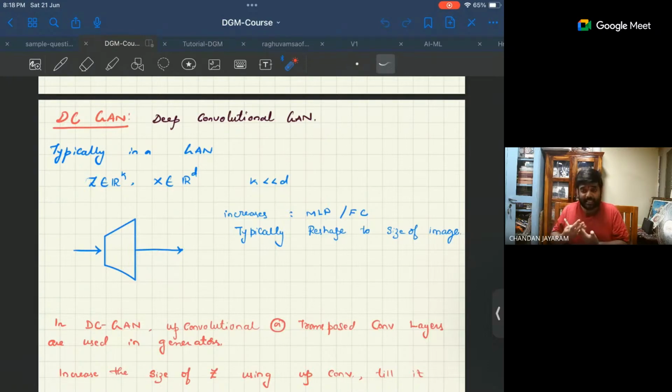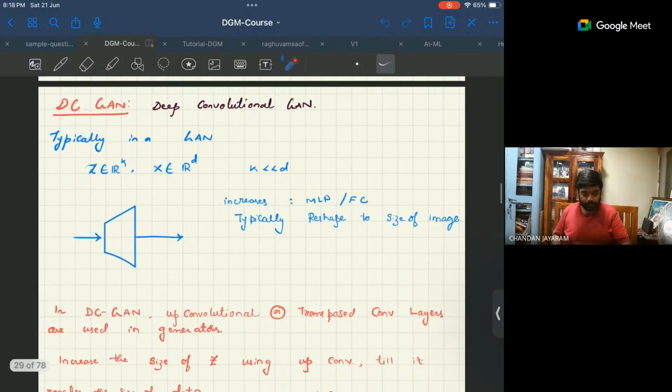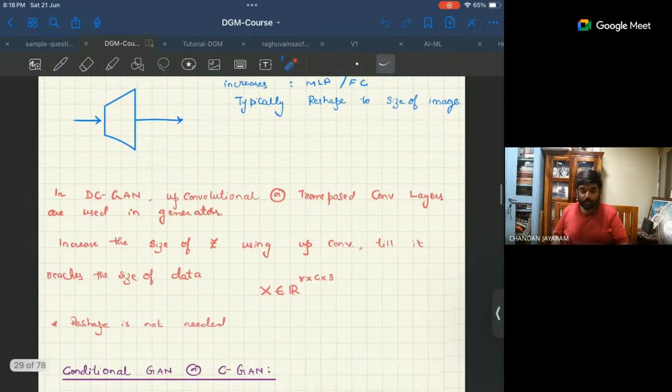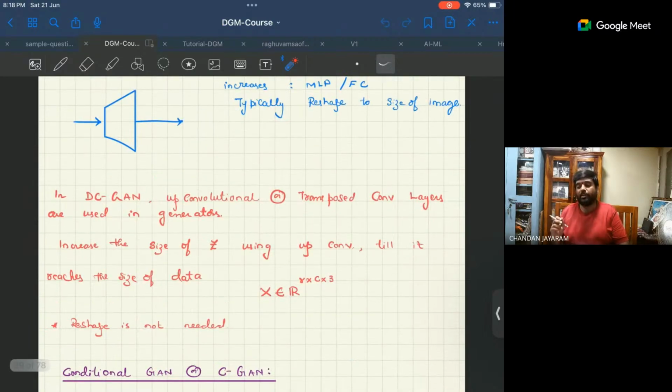Because the data size D is typically quite larger than the size of Z. Z will be of size K, but X will be of size D, so you have to upsample it. Because of which we use up convolution or transposed convolutions for generating. It is just an architectural tweak that we have done even during the implementation.